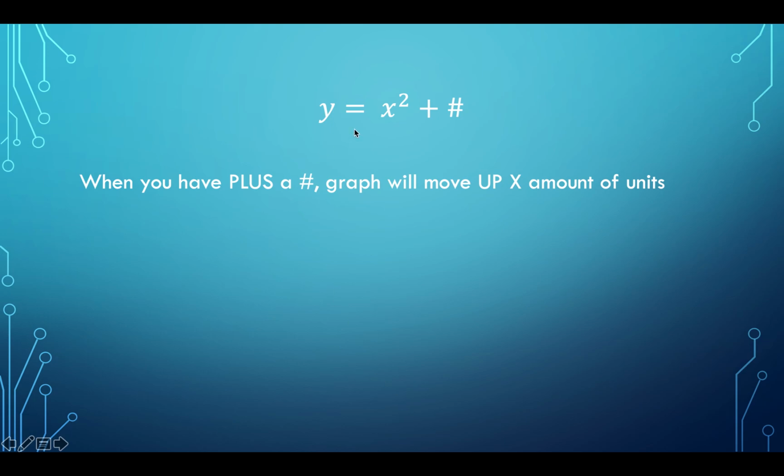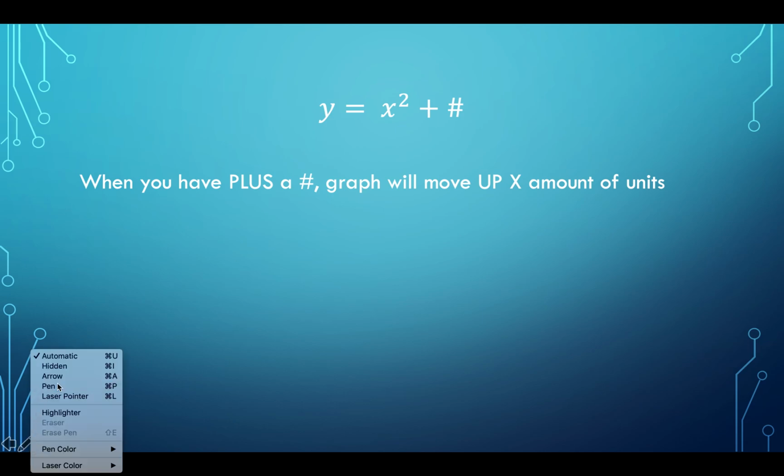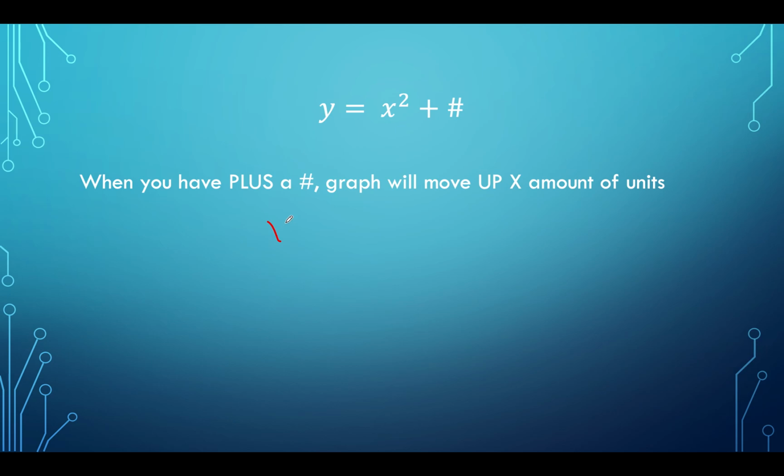Now, when we have y is equal to x squared plus a number, the graph is going to move up that many units. So if we have y is equal to x squared plus 200, what is this graph doing? It's going up how many units? Up 200.